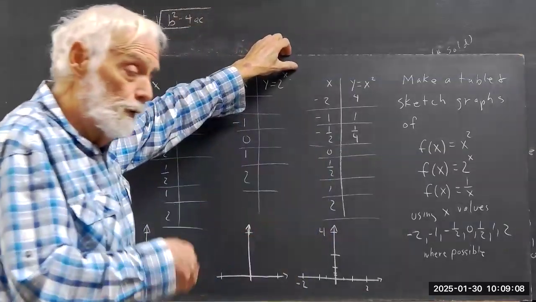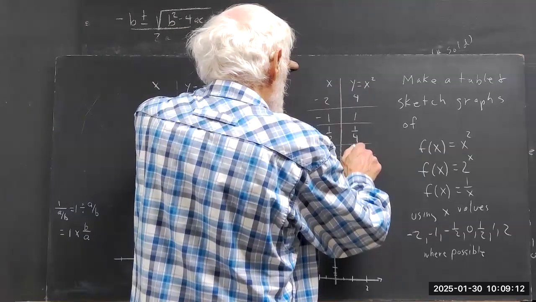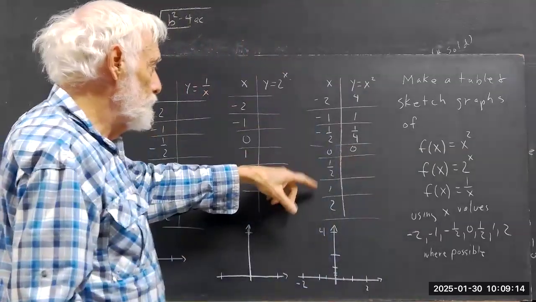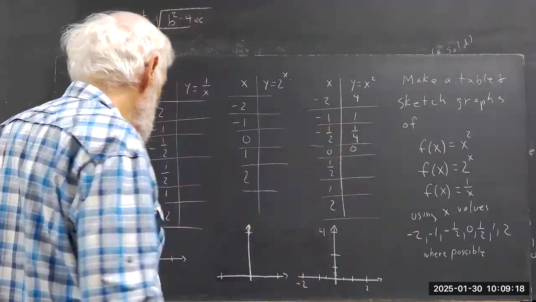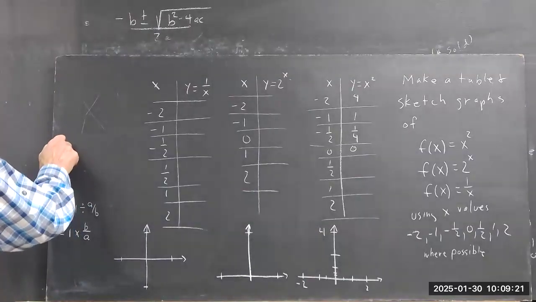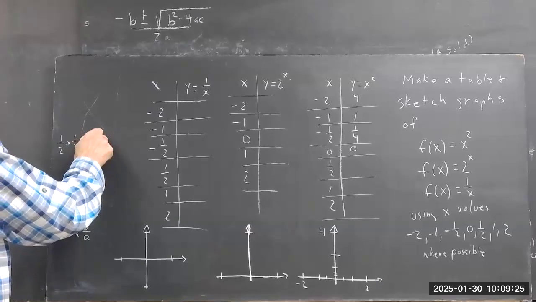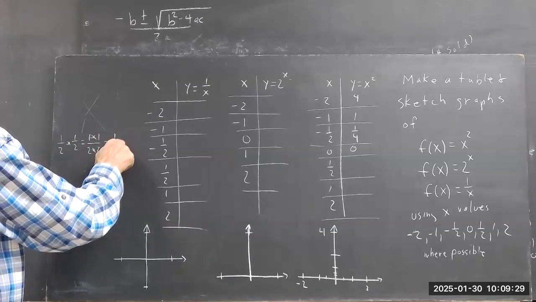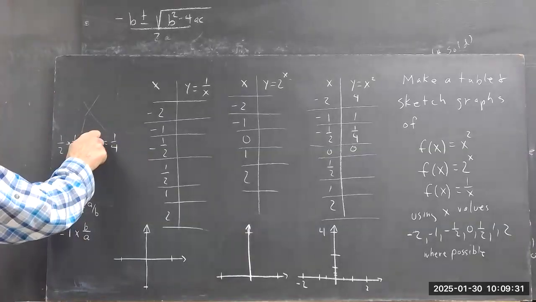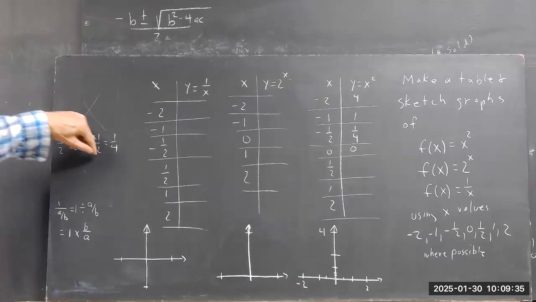0 squared, well, 0 times 0 is 0. And then 1/2 squared, what do I have? 1/4. 1/2 times 1/2: multiply numerators, multiply denominators. 1 times 1 over 2 times 2.